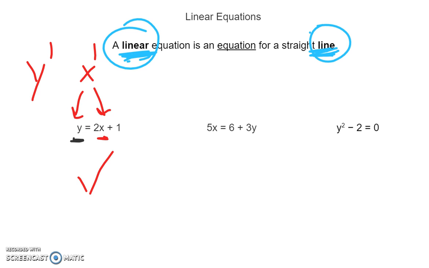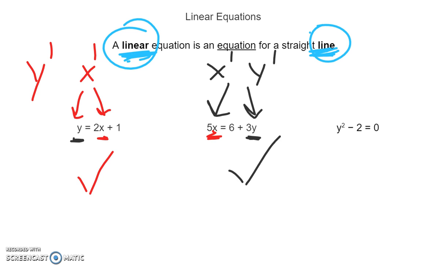Second one now you can see is 5x equals 6 plus 3y. So our x and our y switched which side of the equation they're on, which really doesn't make a difference in this case. We're just looking at the equations and the variables themselves to see which power they're raised to. We can see x and y are both being raised to that assumed first power, so that one is in fact a linear equation as well.